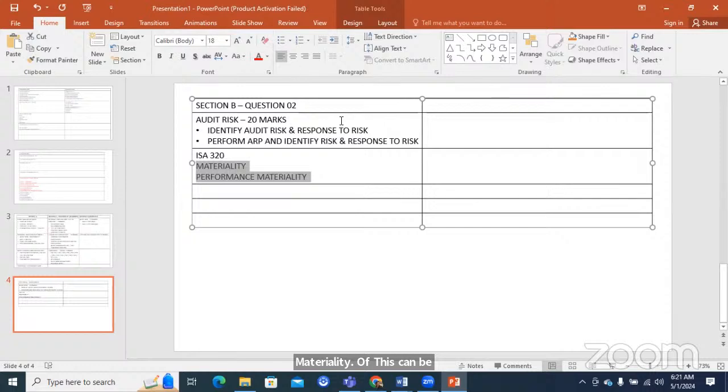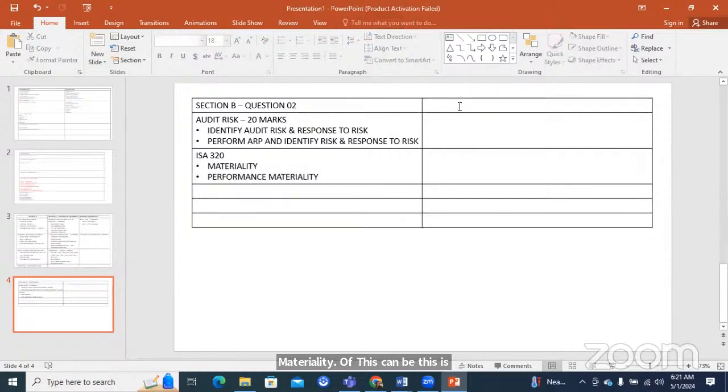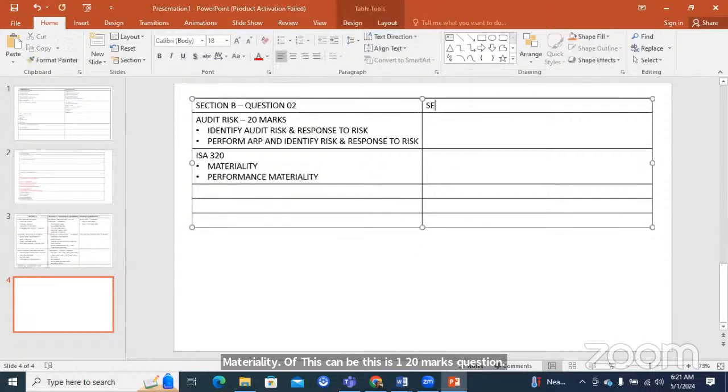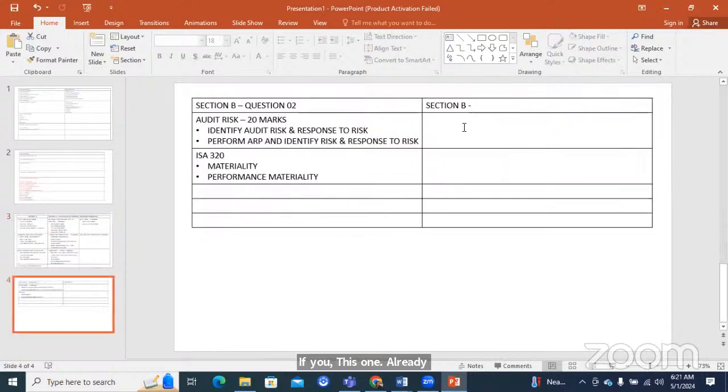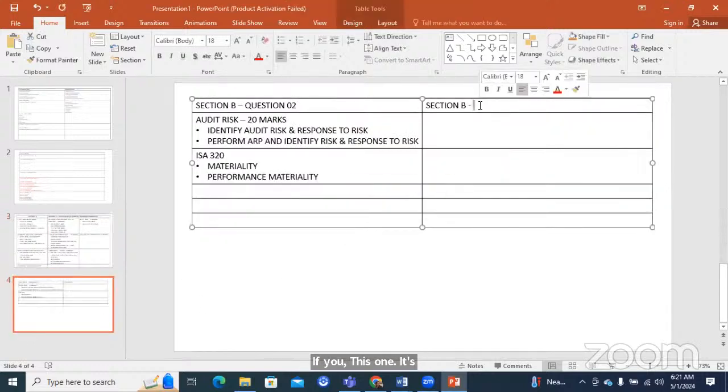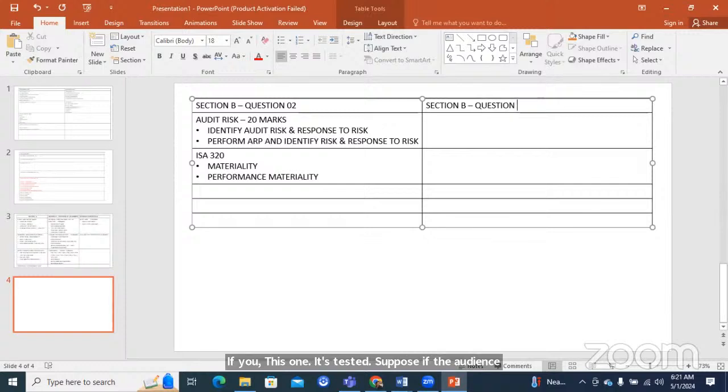This is a 20 marks question. Suppose in your section B, question number 1, audit risk is tested. Then how will your question number 2 look like? Again, internal control and test of control.